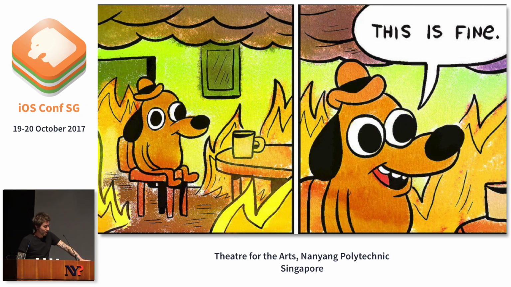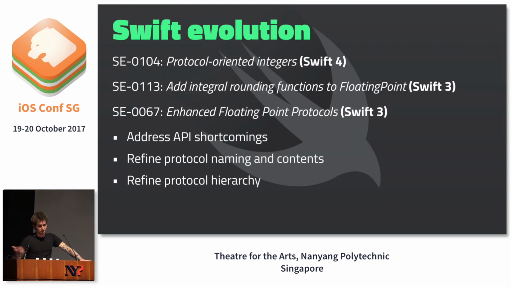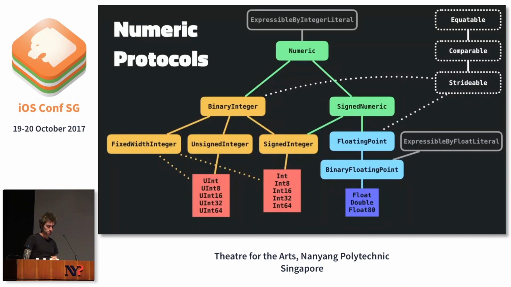And then Swift evolution happened, which is everyone's favorite, and we got these three great proposals that really refined the APIs in the standard library. We got better naming for these protocols. The Arithmetic protocol disappeared, and we got a much more refined hierarchy.